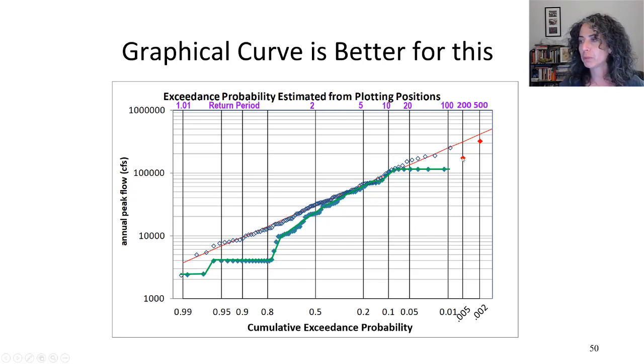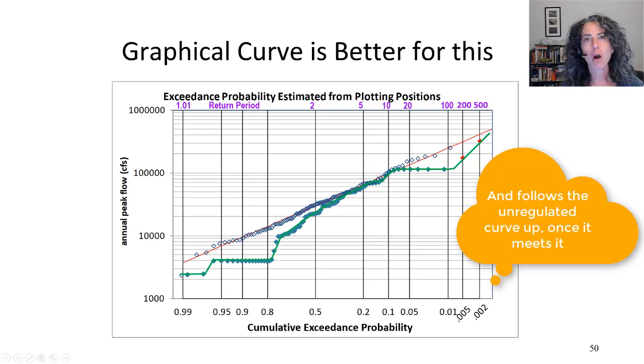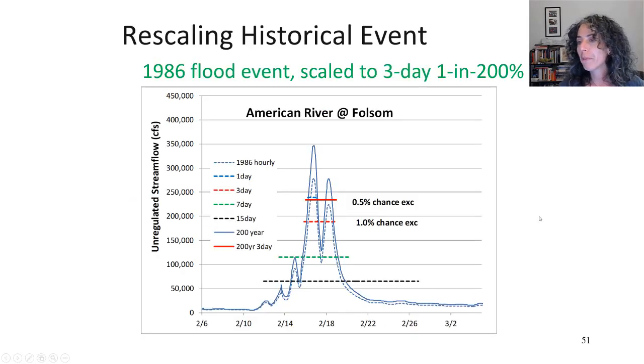Now we are able to plot a 200-year value and also did a 500-year value at releases that are over this original channel capacity or original objective flow. And then we can estimate a curve with these new values that approaches the unregulated frequency curve. Now, if you have other historical events that are differently shaped, you might scale some other historical events in the same way.